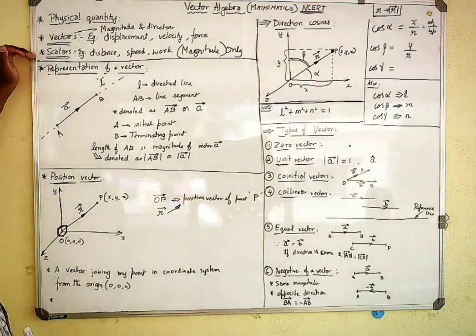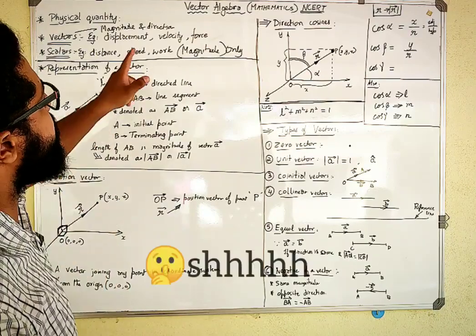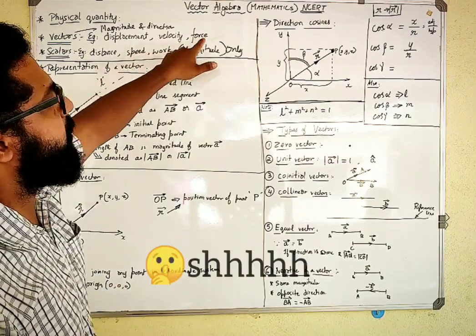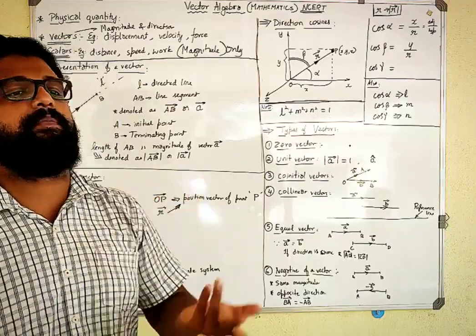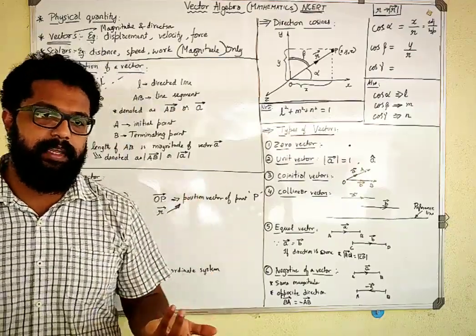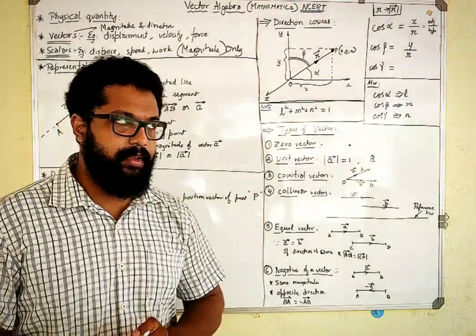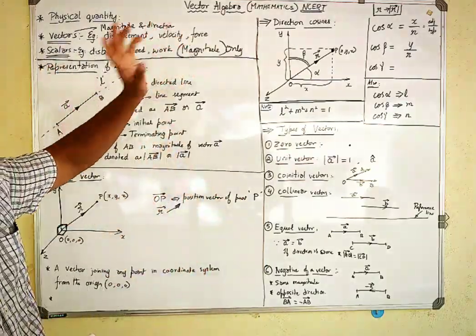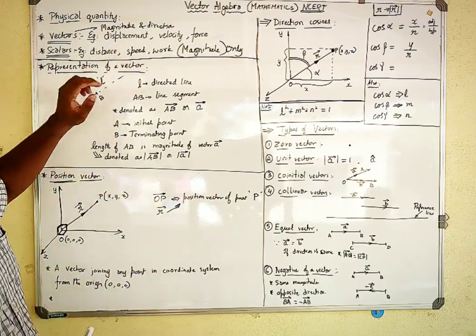So this is the basic idea, and a few examples of vectors are displacement, velocity and force. Displacement has direction as well, because displacement can be negative, which means it has direction as well as magnitude. Velocity and force also fall under vector quantities, which have both magnitude and direction.